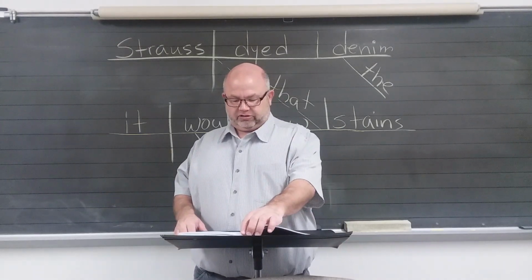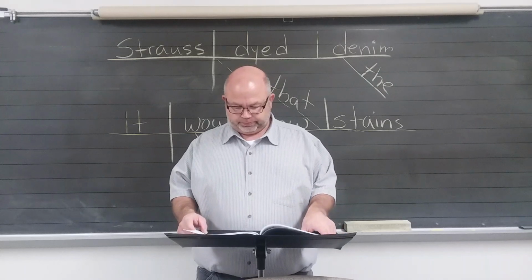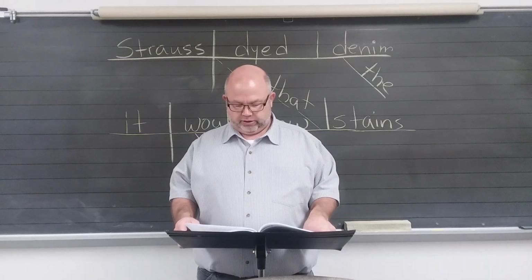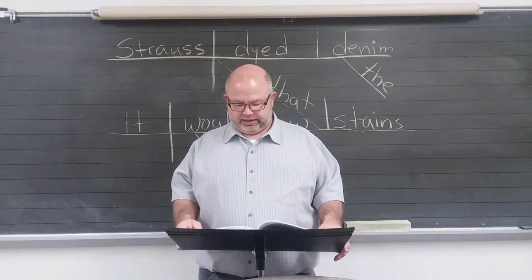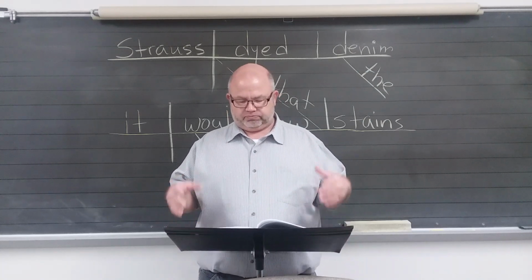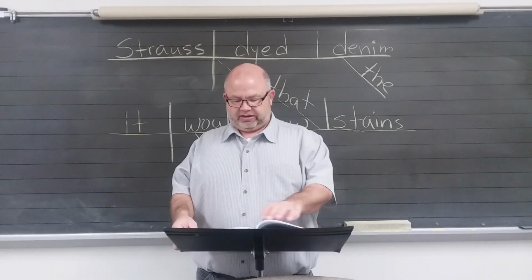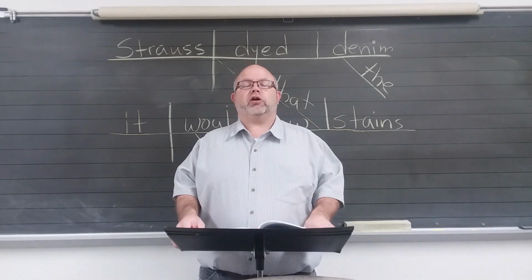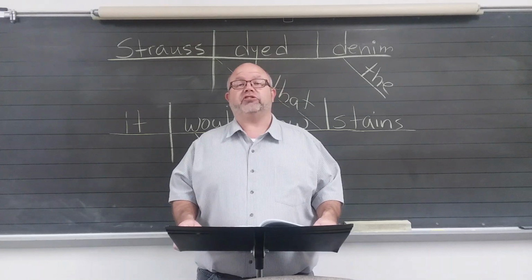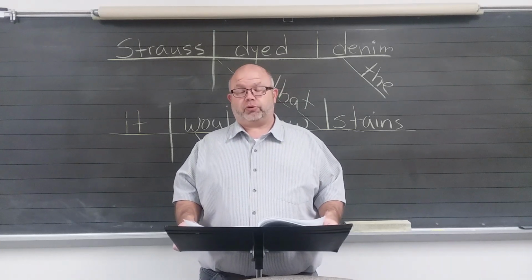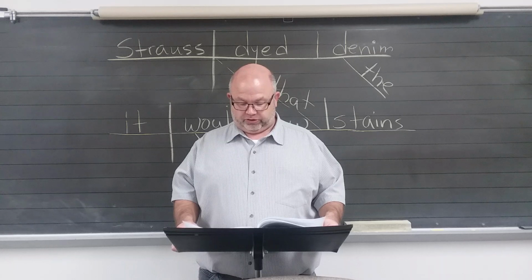Complex sentences are sentences that have added detail. You have an independent clause and then added detail as a dependent clause. The dependent clauses are always introduced by either your relative pronouns, if it's an adjective clause, or your subordinating conjunctions, if it's an adverb clause.